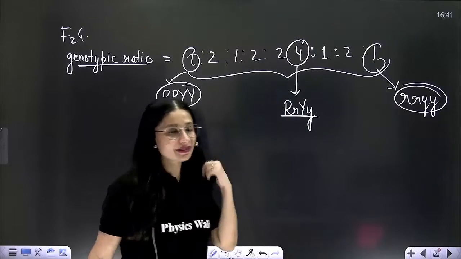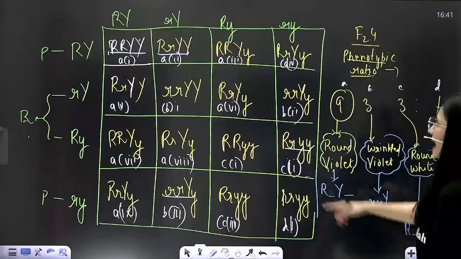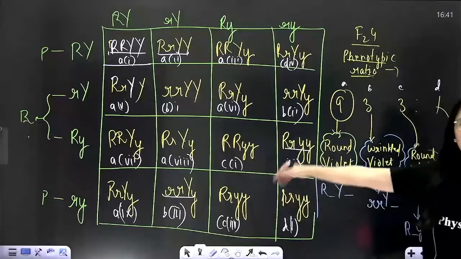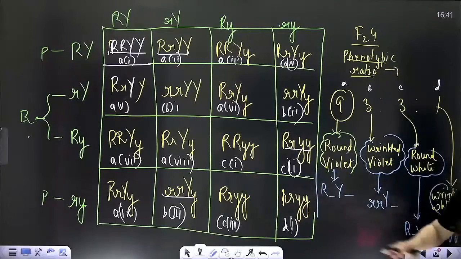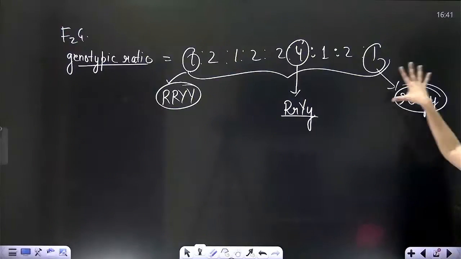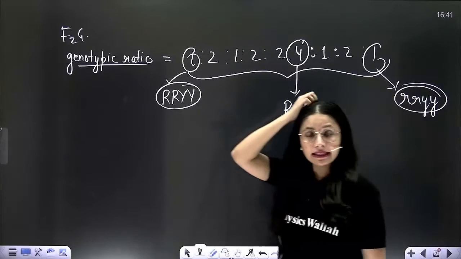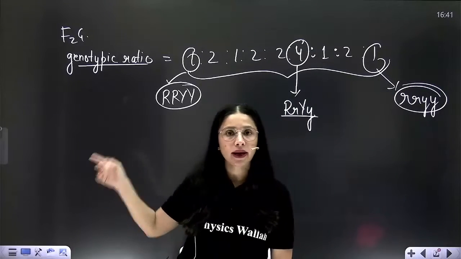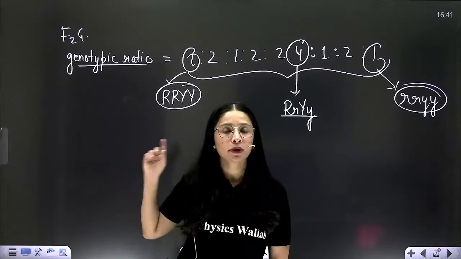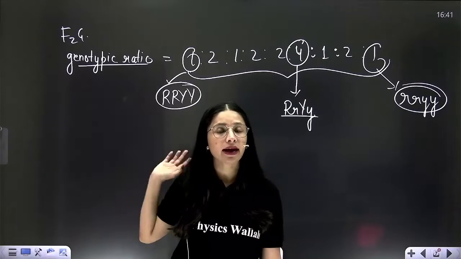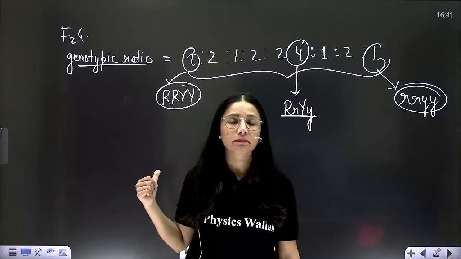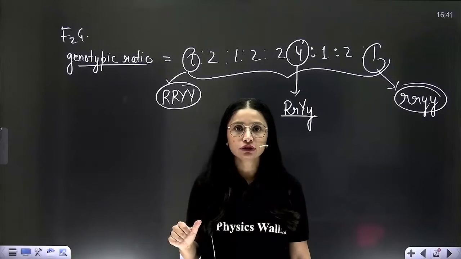It is very simple, beta. You have this Punnett square in your hand. You can use this Punnett square and surely you will get all the genotypes. Clearly check the Punnett square, write the genotype for each number, for each value which I have mentioned in the genotypic ratio. Will you do this?